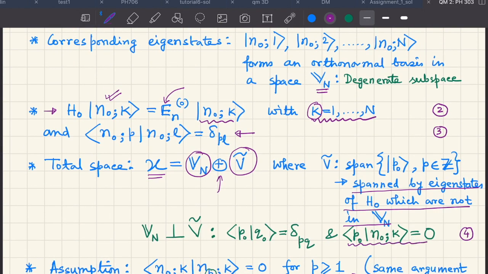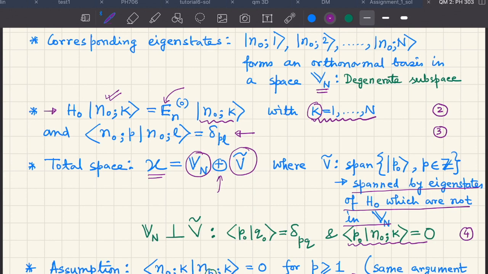And we also note that the two eigenbases or eigenvectors in the V tilde obey this orthonormality criterion: P naught Q naught equal to delta PQ.